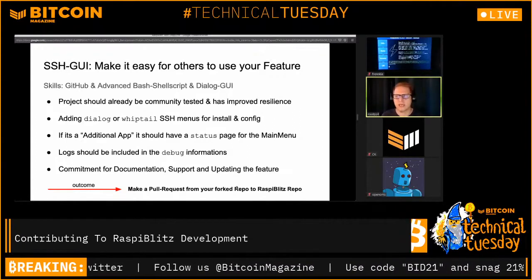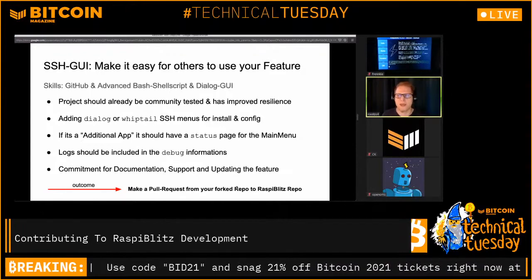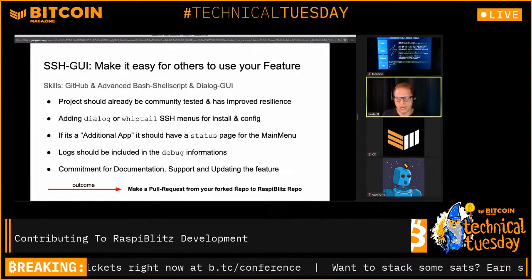We can see it's a little bit over the very early tester stage, there is some usage and some interest for people to have this more easily available, so that everybody can just switch it on over the SSH menus. That's the goal, to have it in the SSH GUI.